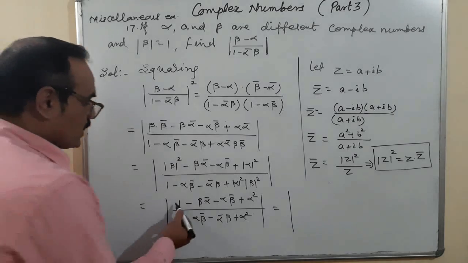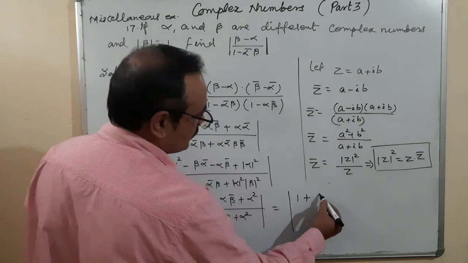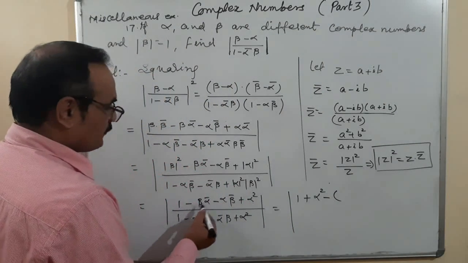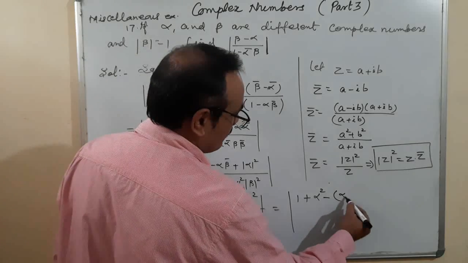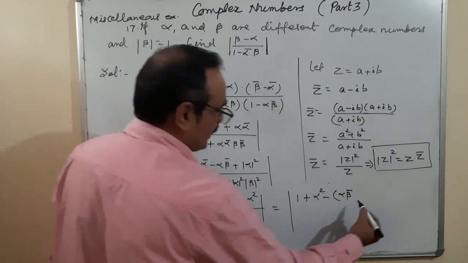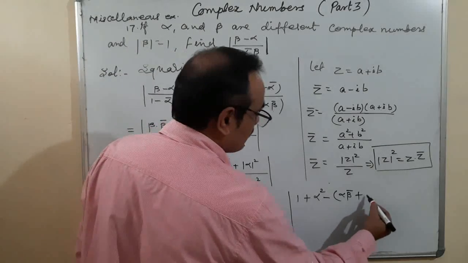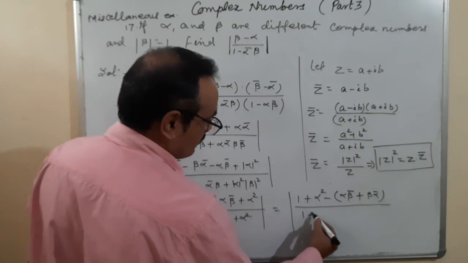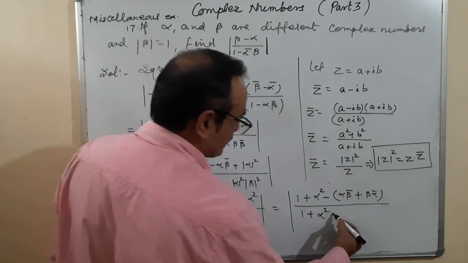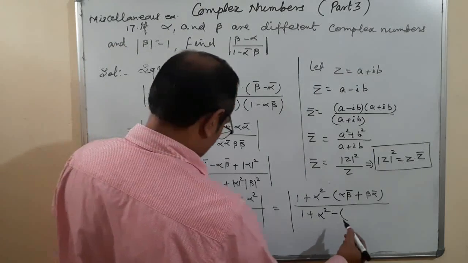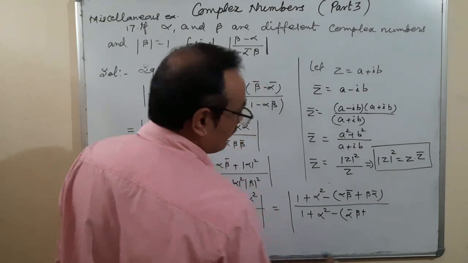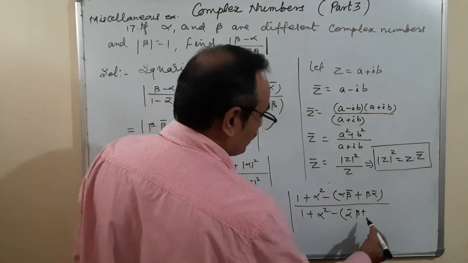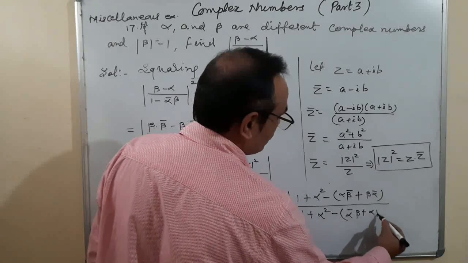In the next step I am writing here, I can use 1 plus alpha square with minus sign common. So what is coming here? If I take minus common, alpha beta conjugate plus beta alpha conjugate upon 1 plus alpha square, minus sign common, alpha conjugate beta plus beta conjugate alpha, or alpha beta conjugate.